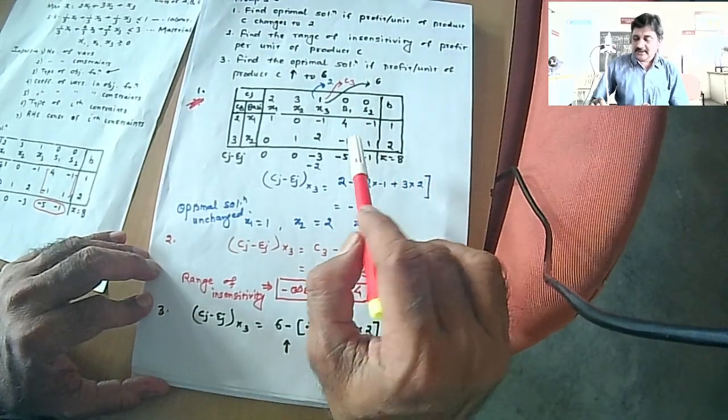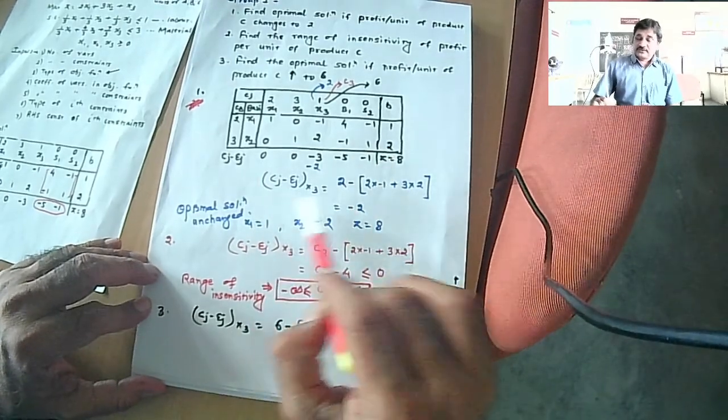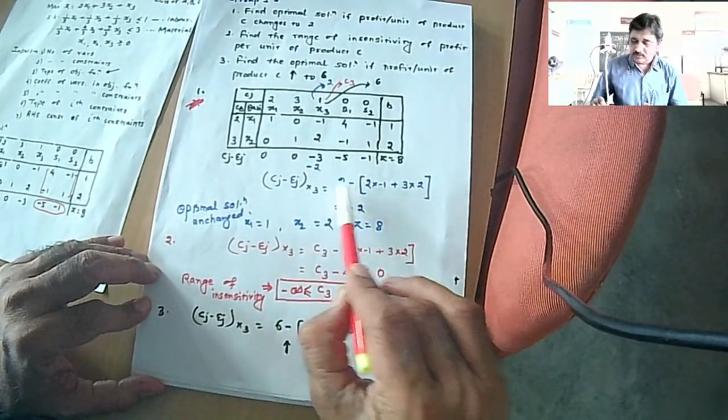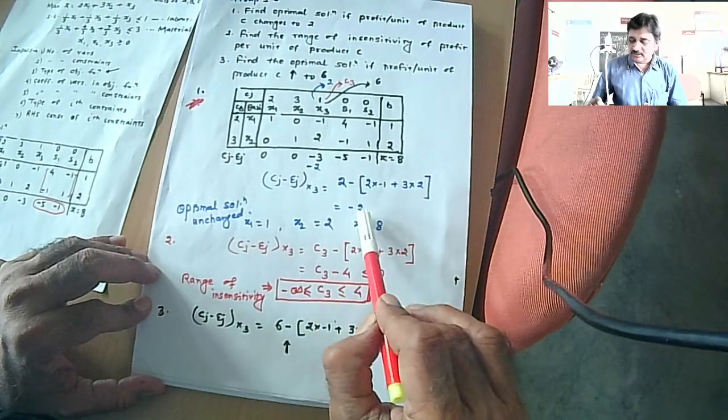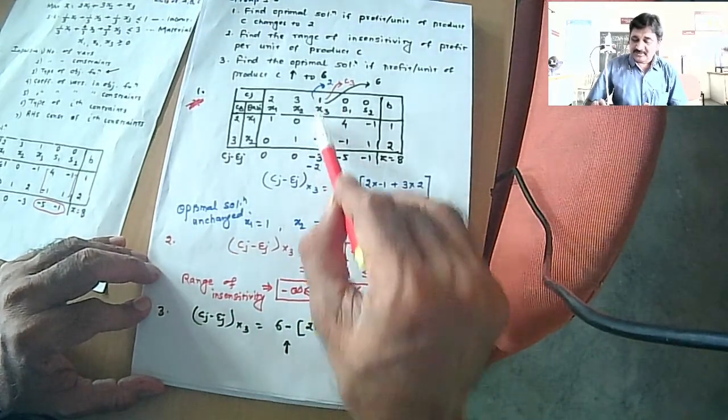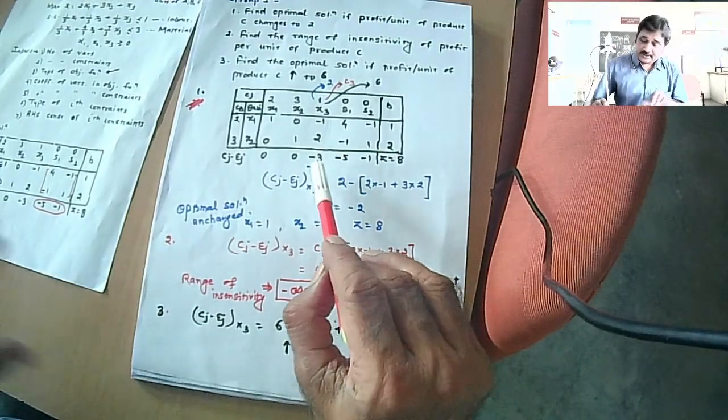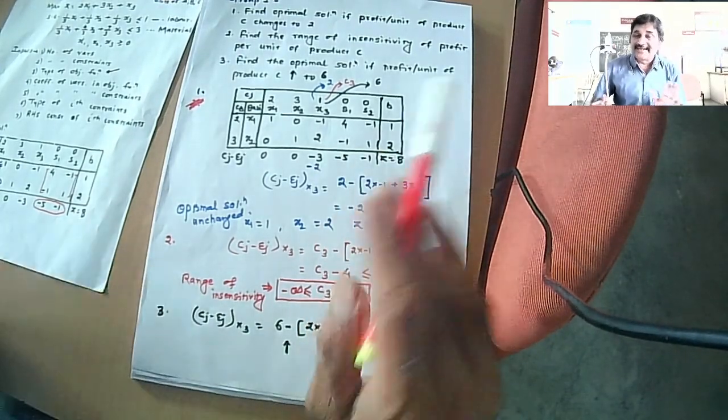This complete calculation which I just said is done here. 2 minus (2 into minus 1 plus 3 into 2) is coming out to be minus 2. So the new Cj minus Zj for x3 is minus 2 and it is negative.